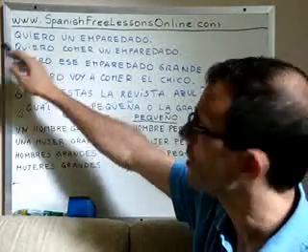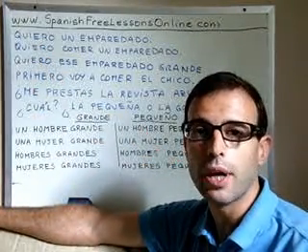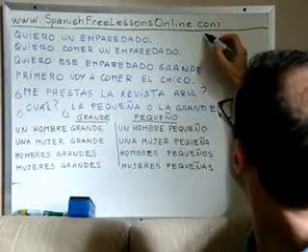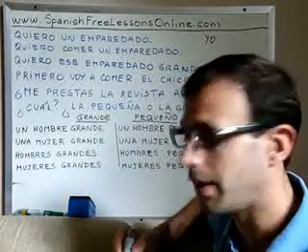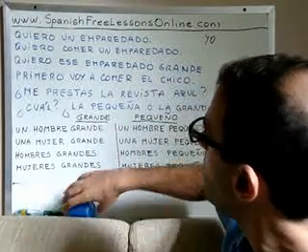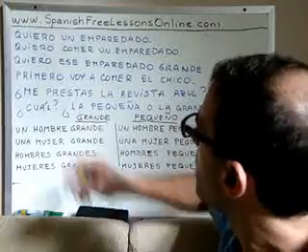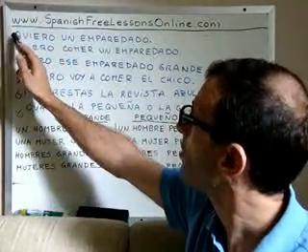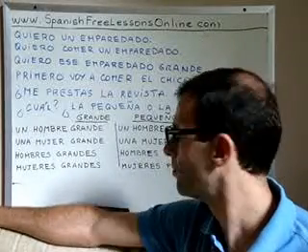As you can see here, I'm omitting to write down the pronoun. So I'm not writing down yo. I'm not writing down the subject, the pronoun yo. That means I. And that is because the verb quiero is already conjugated in the present tense for the first person of the singular, for yo.